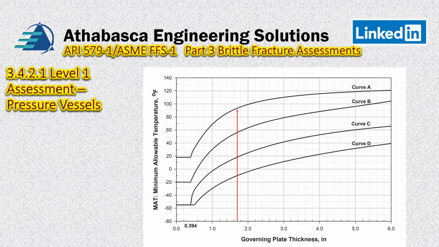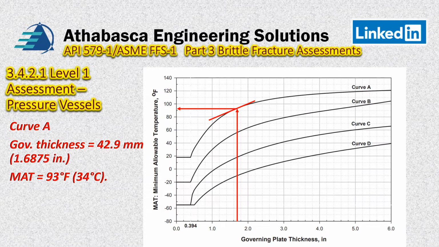We know we have curve A, and we know the thickness. We move up to curve A, go across, and at the end of the day, our MAT is 93 Fahrenheit or 34 degrees centigrade.